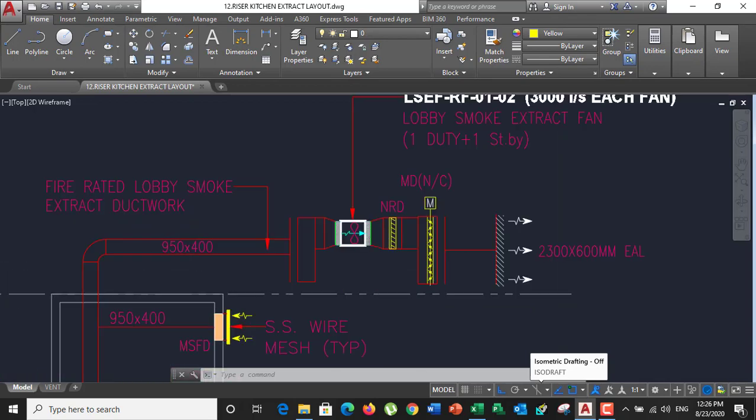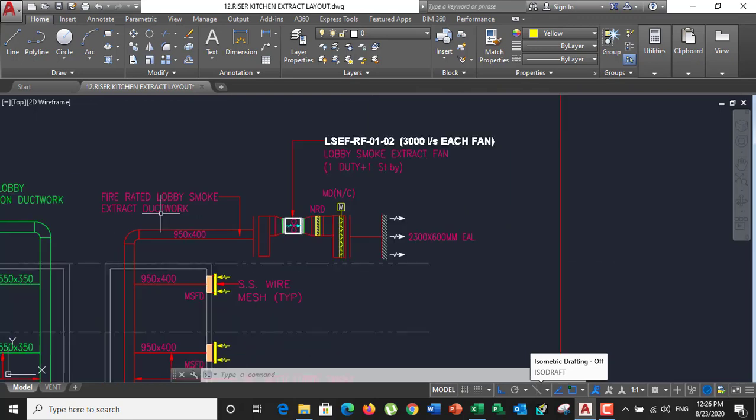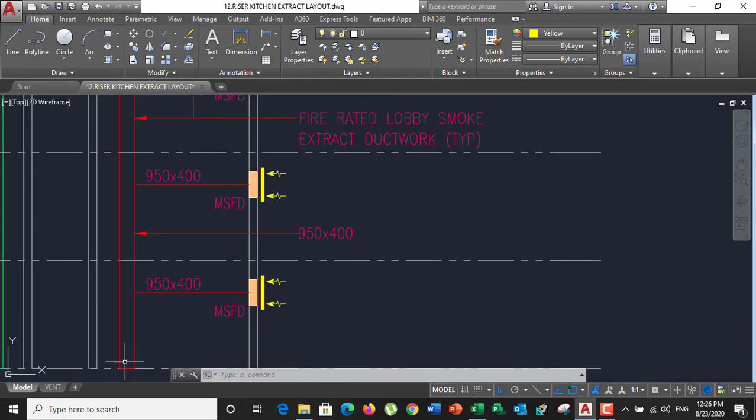Here you can see this is a 950 by 400 mm duct. Suppose that 3000 CFM is passing through 950 by 400. So what will be the external static pressure in this duct from here to here, and then from here to here?